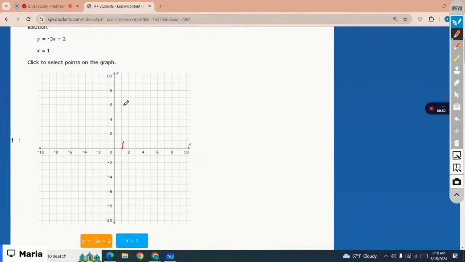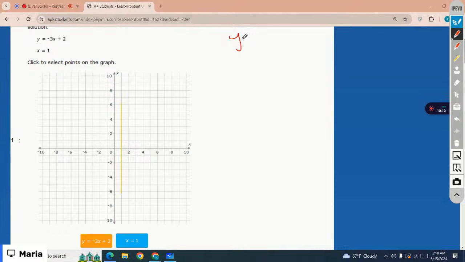You have to make a line on x equals 1, right? That would be a straight line. Let me just draw using the line tool. Okay. Now you have to solve the other equation. y equals mx plus b, with slope negative 3 over 1.